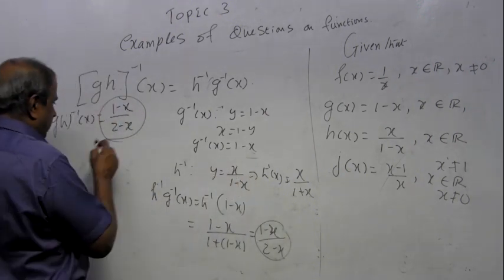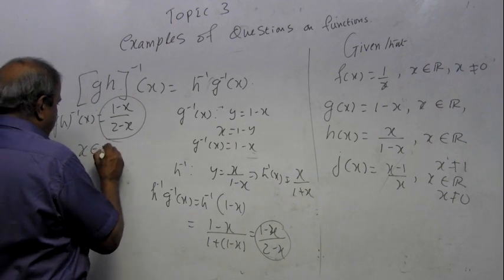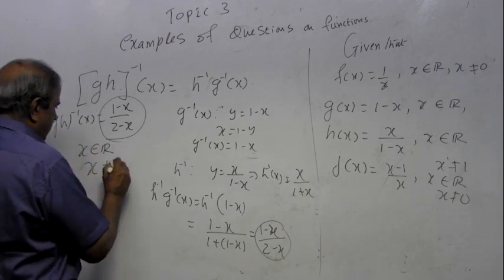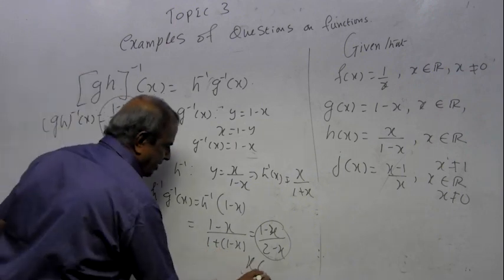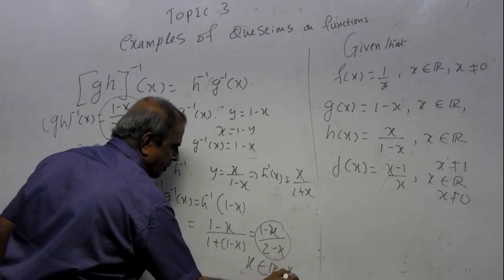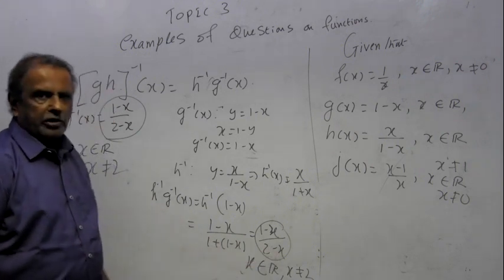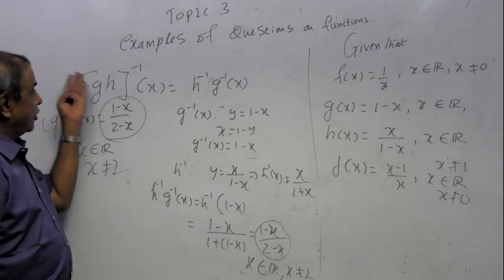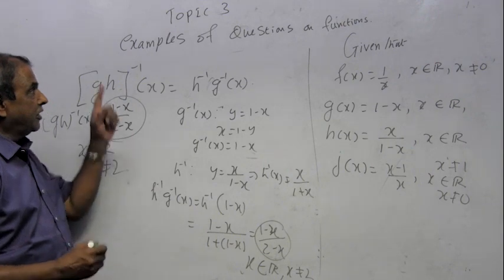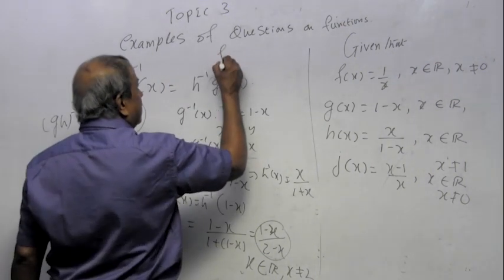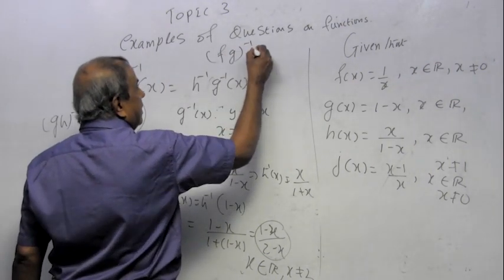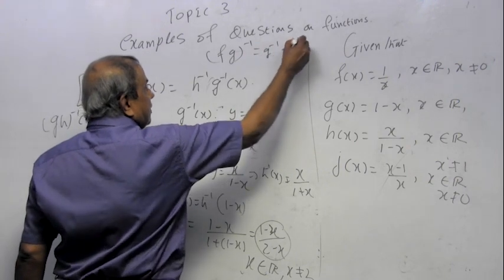Of course, you can obviously say x belongs to R, x not equal to 2. Once you do this, you obviously realize that x can't be equal to 2, so you can even write it using that. So that is how you use inverses. So the most important relation is fg inverse equal to g inverse f inverse.